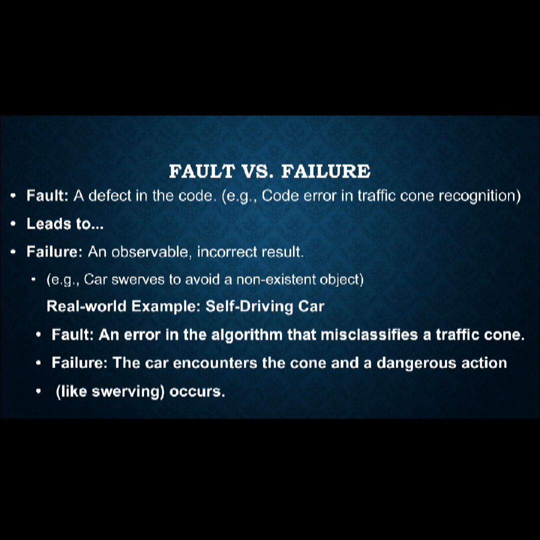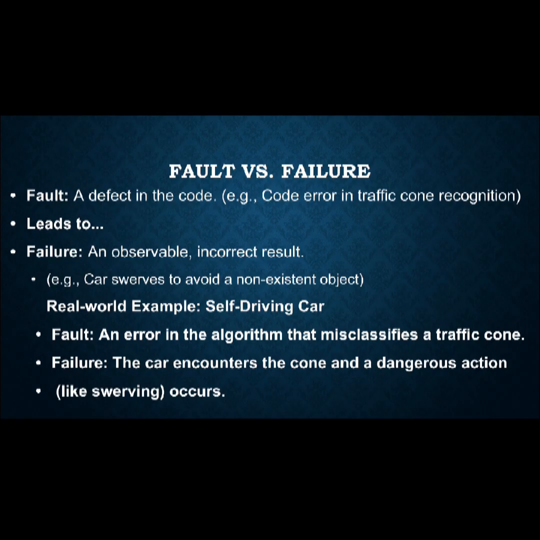The failure would be this: the car is driving down the road. It encounters a traffic cone. The faulty code is triggered and the car's system incorrectly identifies the cone as a non-threatening object, like a piece of paper. As a result, the car swerves dangerously to avoid it or even hits it.